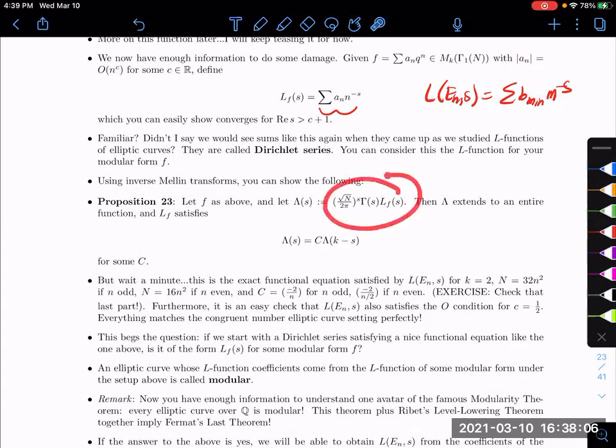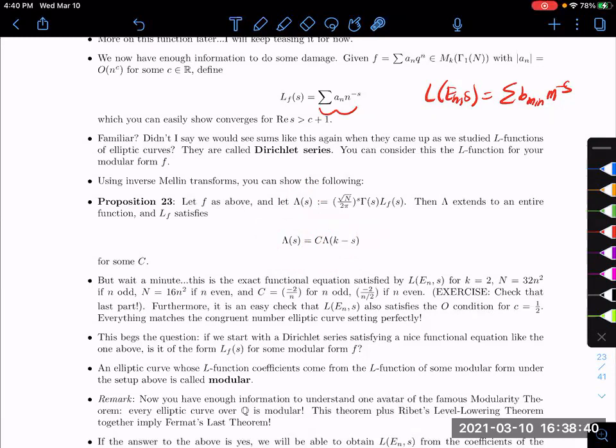This was the exact same capital lambda, more or less, that we defined when we looked at the functional equation and the analytic continuation of the L function of an elliptic curve. More on that in a second. Then this extends to an entire function, and the L function of f has a functional equation. And it looks strangely similar, familiar to us. Lambda of s is C times lambda of k minus s for some constant C.